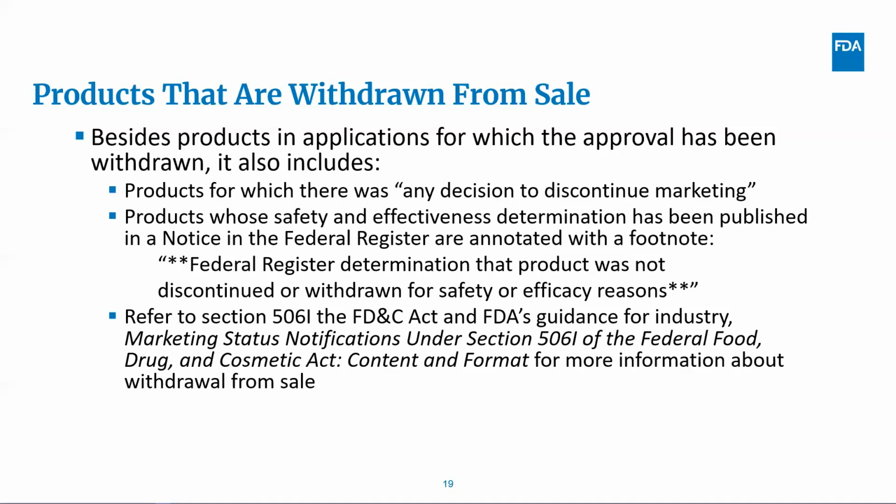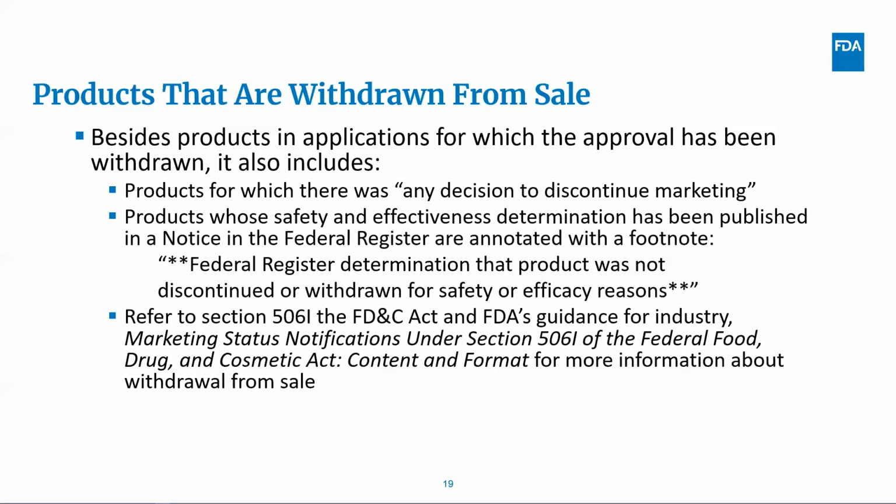Some examples we've seen for this could be lack of demand or unable to obtain the active ingredient, etc. Products in this category also include products that have had their safety and effectiveness determination published in the Federal Register. These products are annotated with a footnote: Federal Register determination that product was not discontinued or withdrawn for safety or efficacy reasons. You'll see that in the Orange Book.